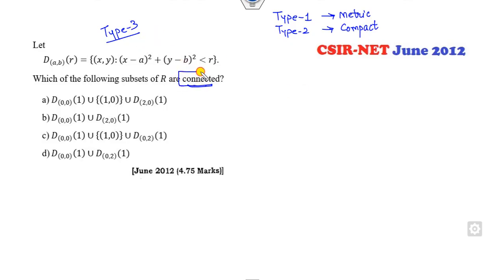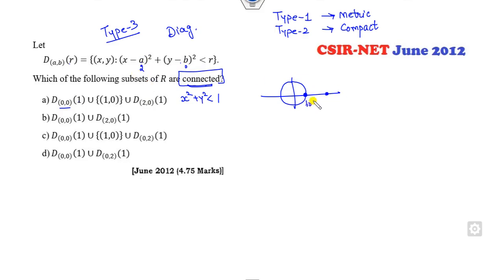Whenever you are talking about connectedness, always draw the diagram. What is D of (0, 0)? (0, 0) is (0, 0). That means x square plus y square is less than r, which is 1. It's a circle with center here. Union, this is my (1, 0), and (2, 0). Center is (2, 0).